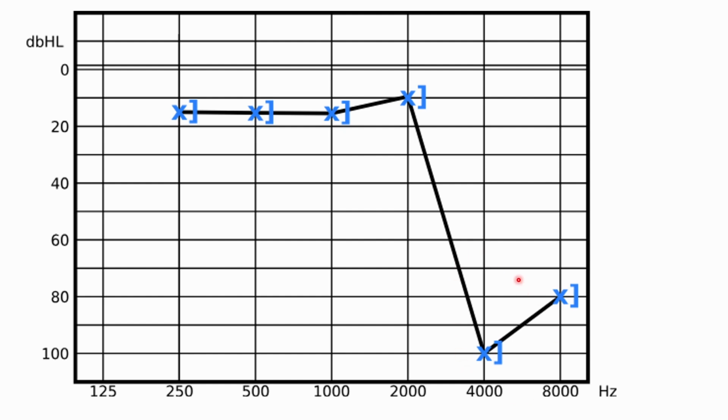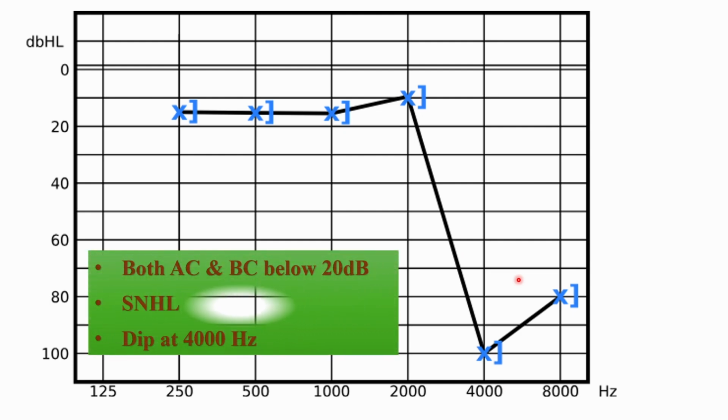So this dip again, as I mentioned, is in noise induced hearing loss. So this is a graph of noise induced hearing loss, but the patient's ability to converse and hear will not be affected at this stage. But if he continues to stay where there is exposure to noise, then he may develop further deterioration of his hearing.